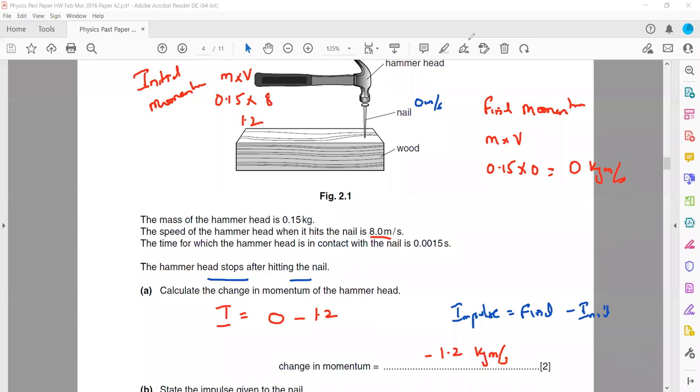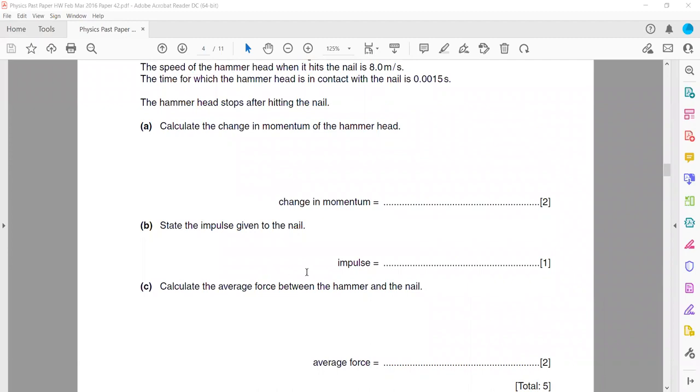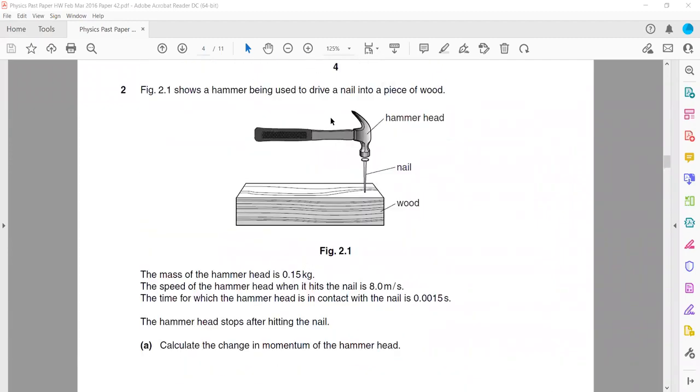Now the second part, state the impulse given to the nail. Whenever two objects collide, they will always have the same impulse. So if the impulse of the hammer was 1.2 Newton second, what will be the impulse of the nail? That will be 1.2 Newton second, because whenever two objects collide with each other, they have the same change in momentum.